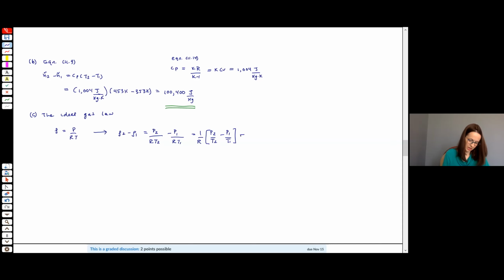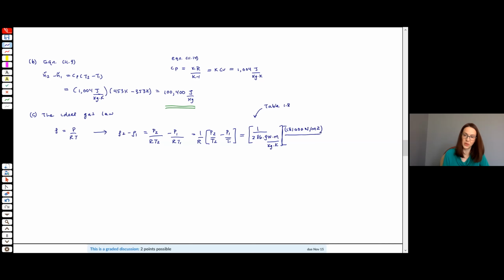We can plug in some numbers here. So we've got 1 over 286.9 Newton meters per kilogram Kelvin, which is coming from table 1.8. And then we've got 181,000 pascals, right? Newton per meter squared.